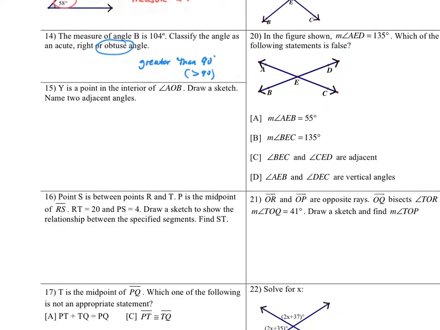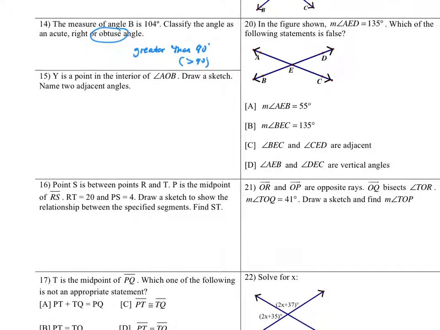Okay, and number 15, it says Y is a point in the interior of angle AOB. So first, draw angle AOB. And you can put point Y anywhere in the interior. It says draw a sketch and name two adjacent angles. So what we want to do is connect point O to point Y with a ray.